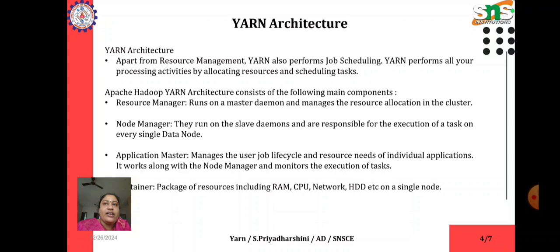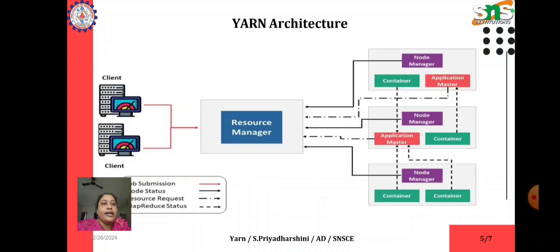Apart from this, we have the client. The client is responsible for submitting MapReduce jobs to YARN. So this is the YARN architecture. The client submits MapReduce jobs to the resource manager. The resource manager is the master daemon. It is responsible for resource allocation and management among all the applications.